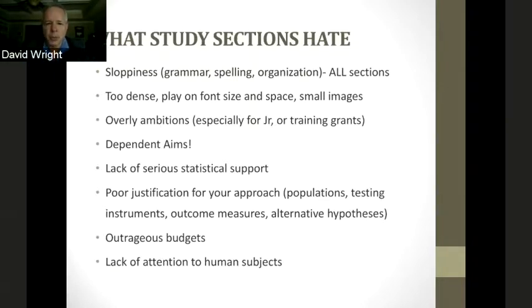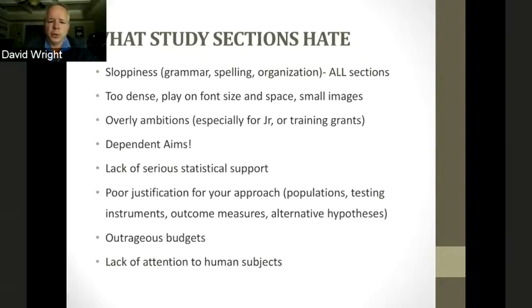And remember, part of your job is to make it easier on the reviewers. You want them to like your grant, right? So when they read the grant, in addition to its content, you want to make it easier for them to read. Jaideep mentioned overly ambitious, especially for junior or training grants.